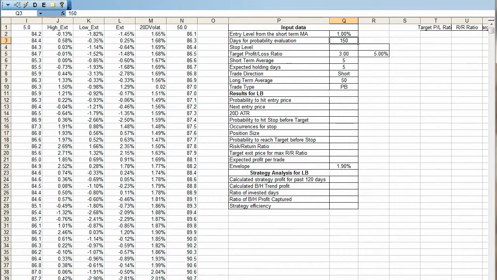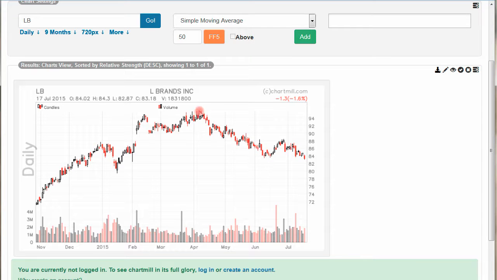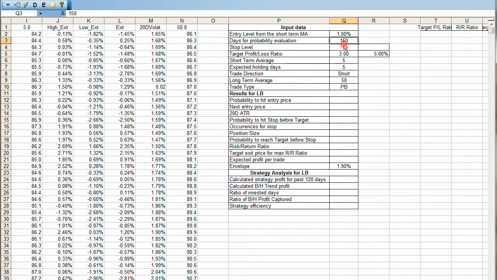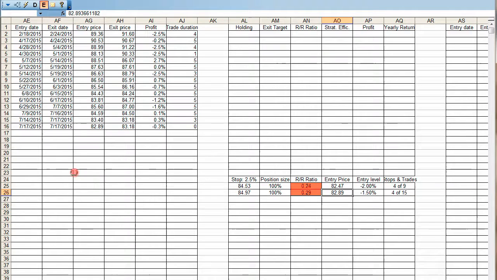You can see that the trend here was about 1, 2, 3, 4, 5, 6 months, which is about 120 days. So I will use this 120 days and start calculating shorting a bounce at 1%. So we can see a very good risk reward ratio, but the probability to hit that entry price is only 4%. Let's look at the sensitivity analysis.